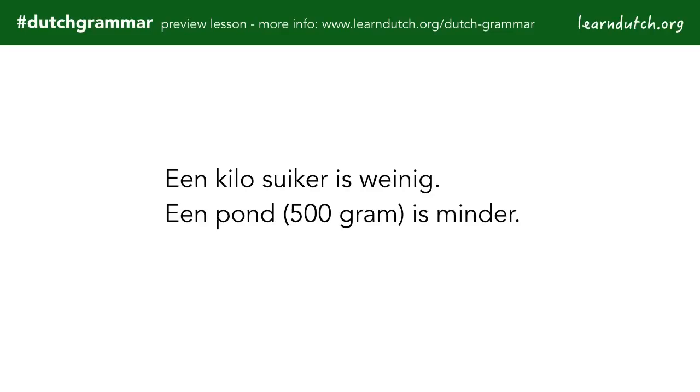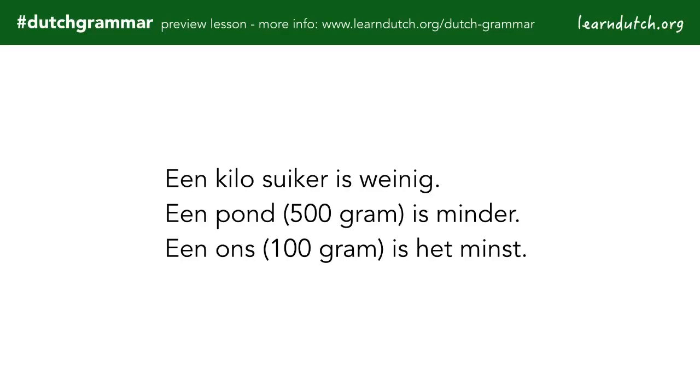A pound is even less. Een ons, 100 gram, is het minst. An ounce is the least amount. Weinig, minder, minst. Can mean both little, less, least, as few, fewer, fewest.